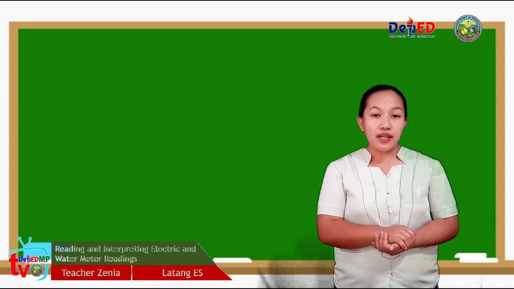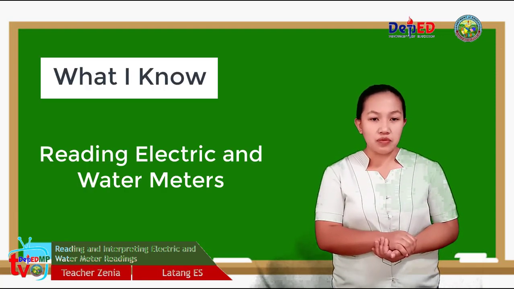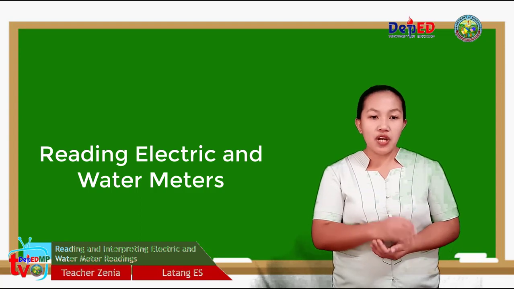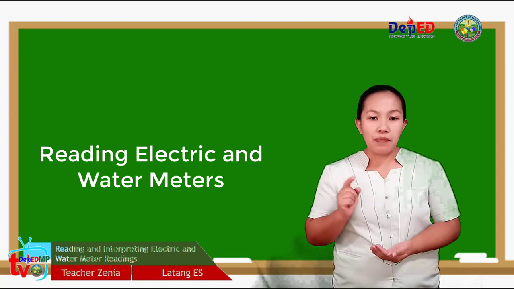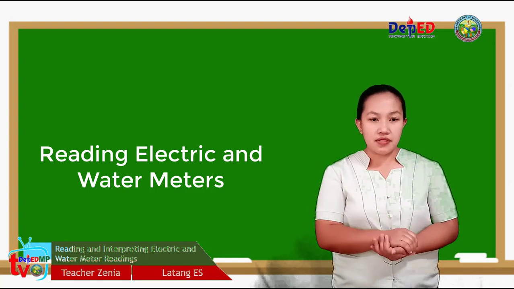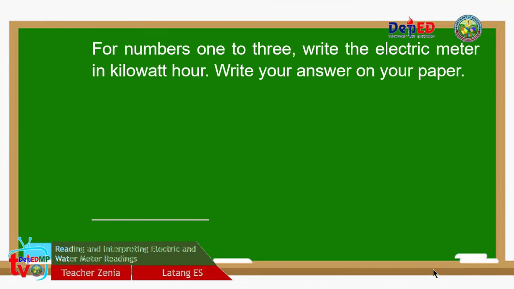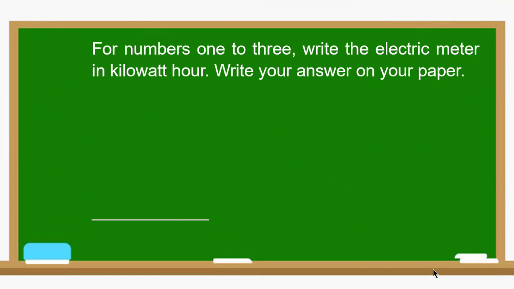To start with our lesson, try to answer the items below to gauge how much you already know about reading electric and water meters. For numbers 1 to 3, write the electric meter reading in kilowatt hour.